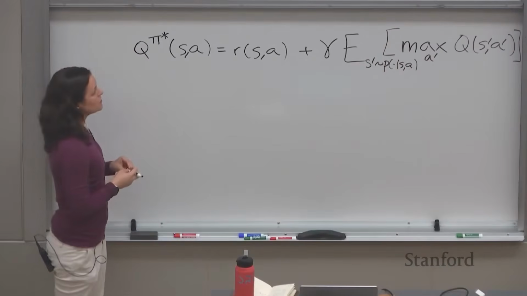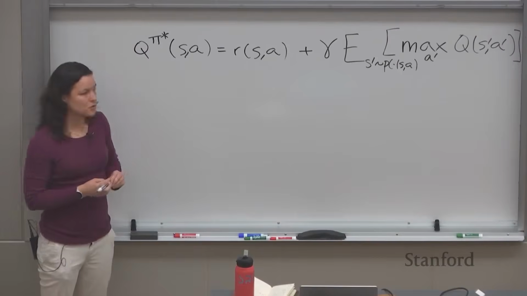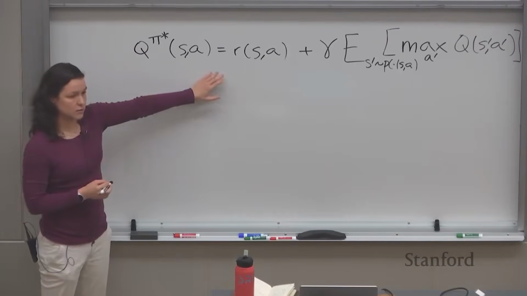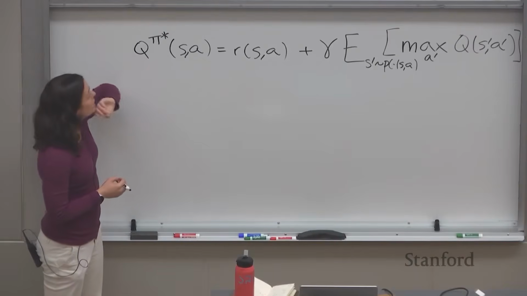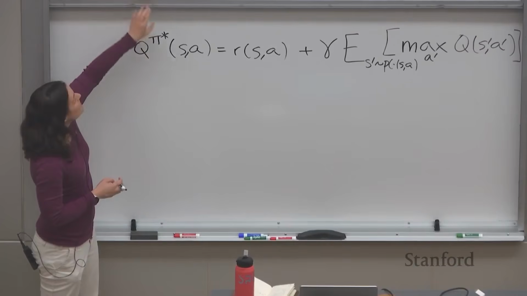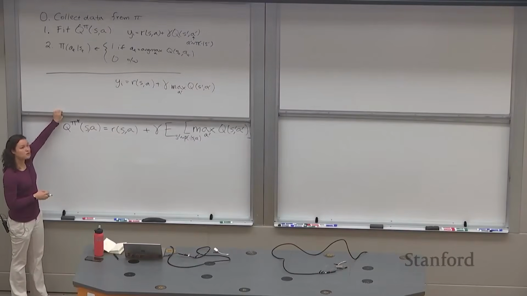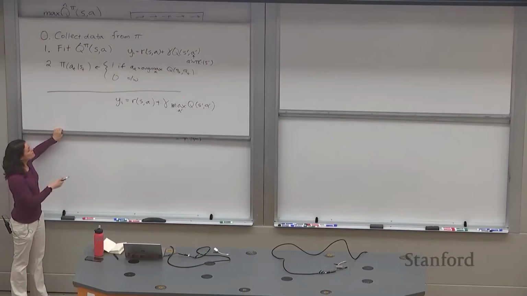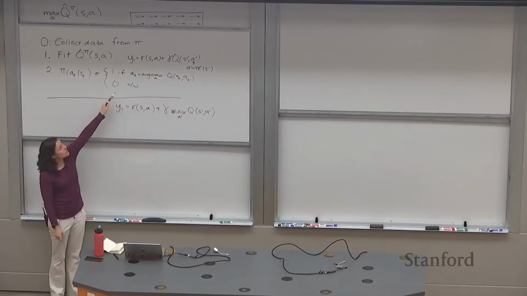Yeah, so the question is, why are we talking all about Q and why not V? You can actually also write down these equations for V in a very similar way. The thing that's very nice about Q is that we can actually get a policy out of Q. If we know what Q is, then we can do this argmax over action to get a policy that's better than our previous policy.